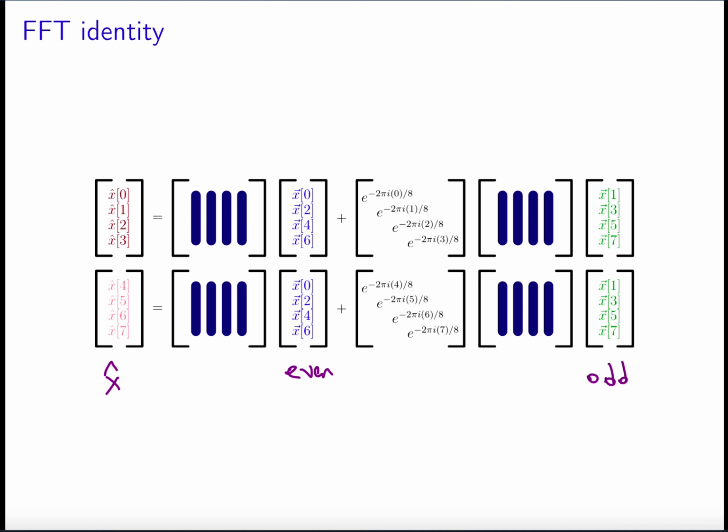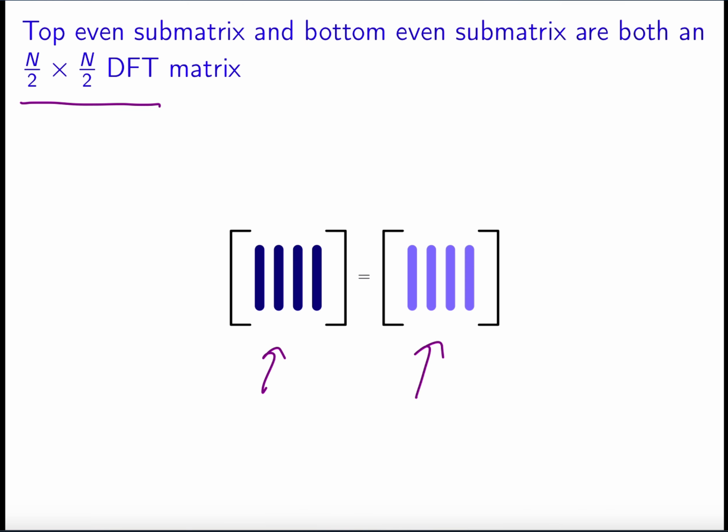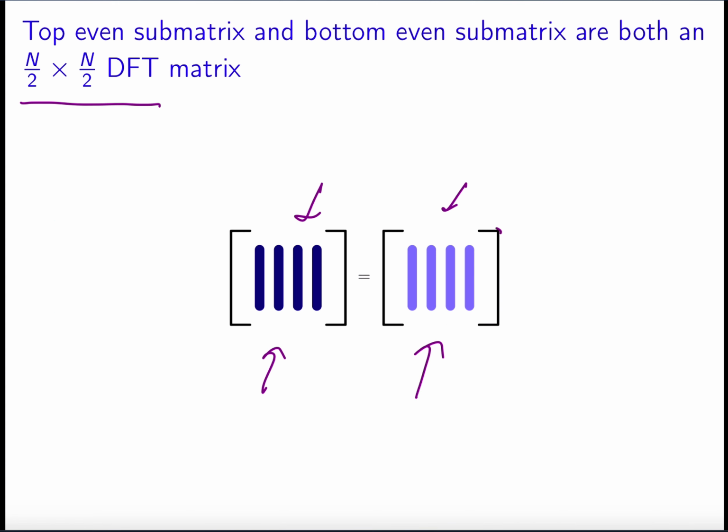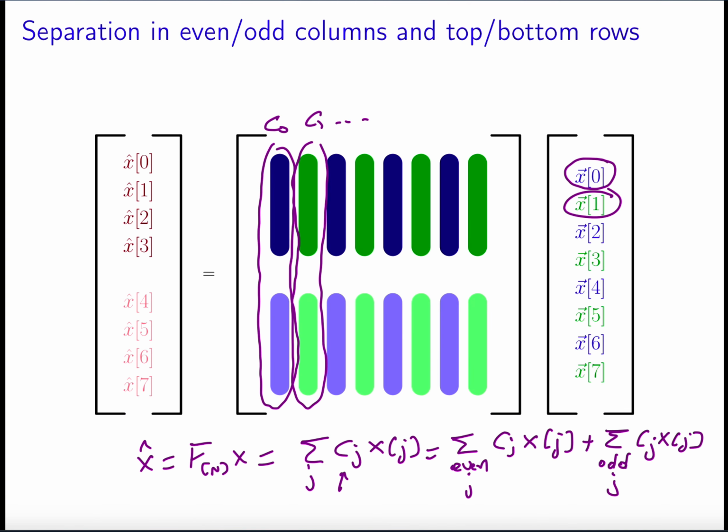So the even entries get multiplied by these submatrices. These are the top ones and these are the bottom ones, but these guys are the same. So these are the top half of the entries, and these are the bottom half of the entries. I'm applying exactly the same matrix to obtain each of them, because this guy is exactly the same as this guy.